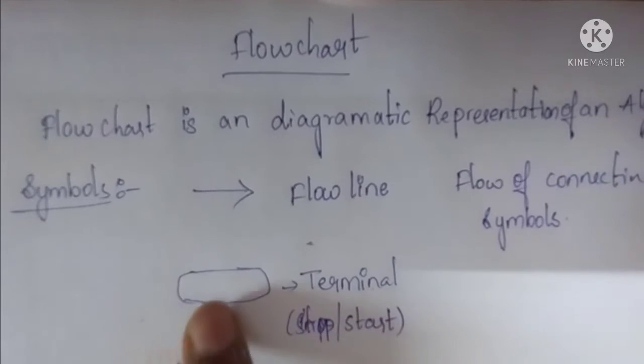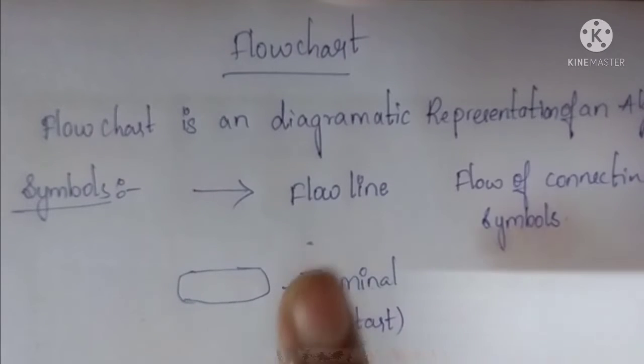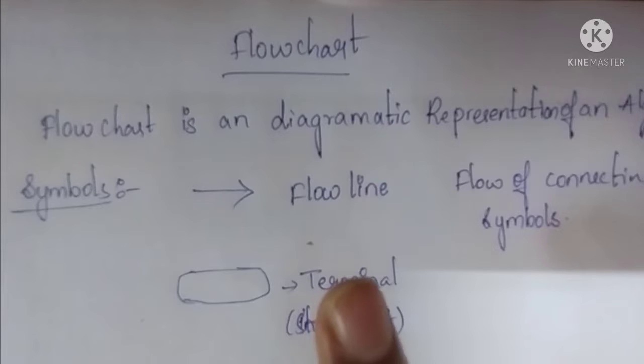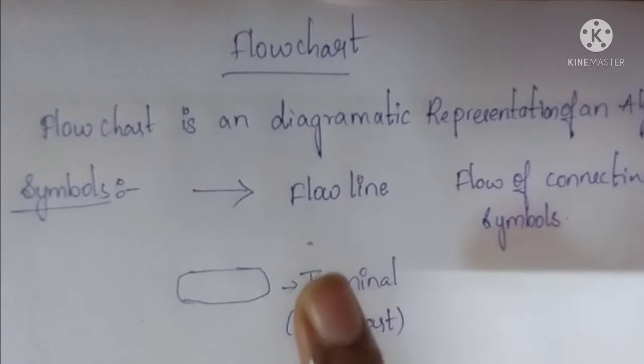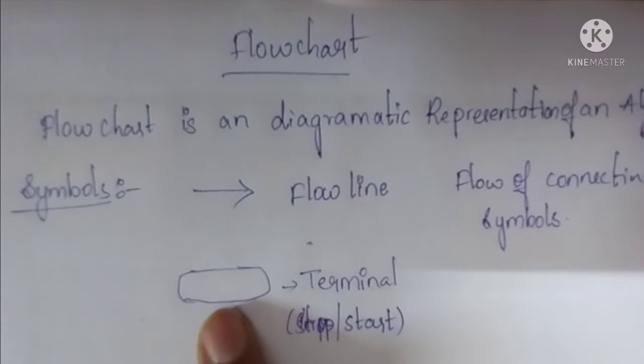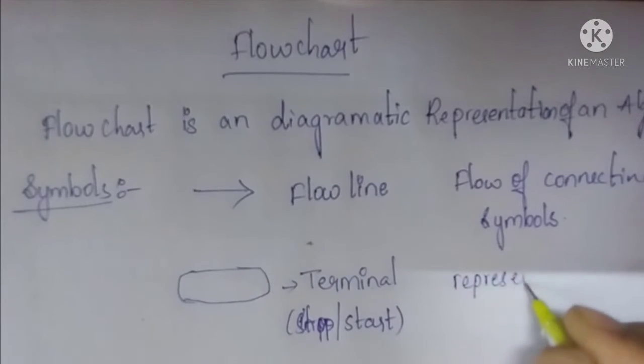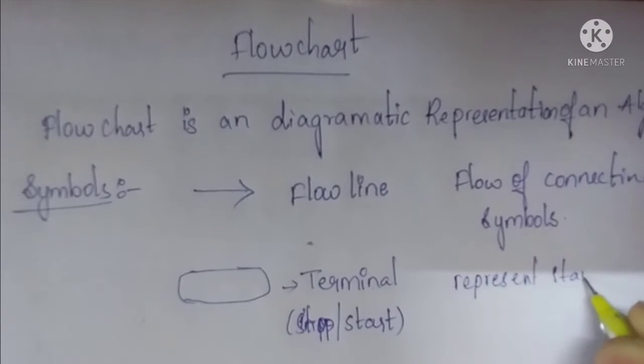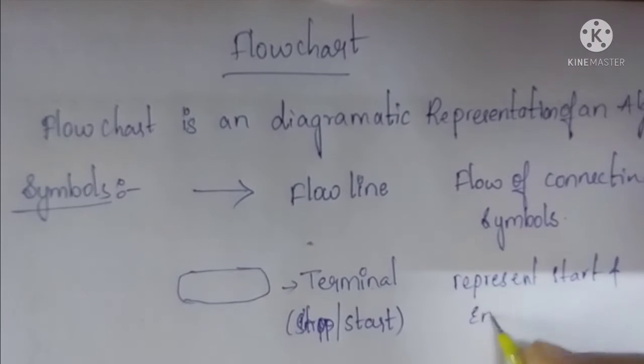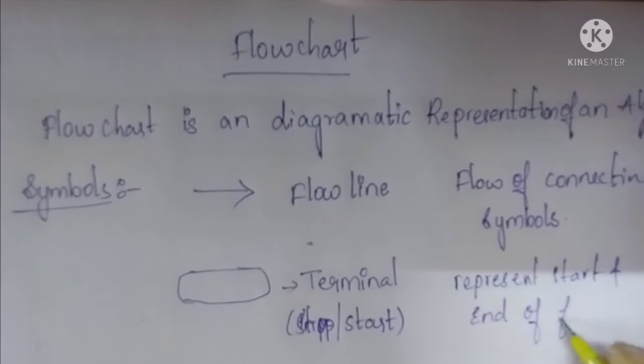This symbol is used to stop and start the flowchart. If you want to start any flowchart for any program, the first symbol you need to use is this terminal symbol. It is used to represent the starting and ending of the flowchart.